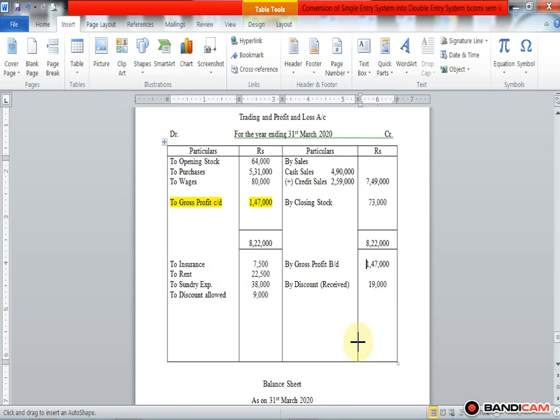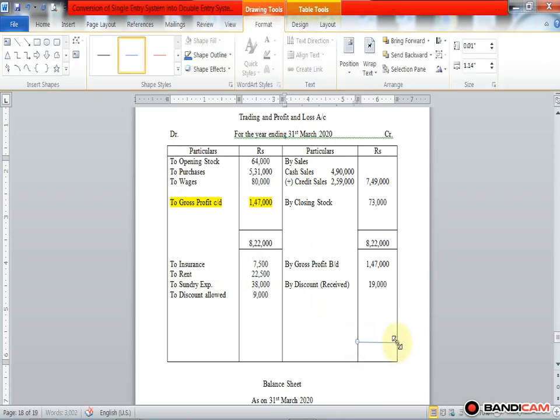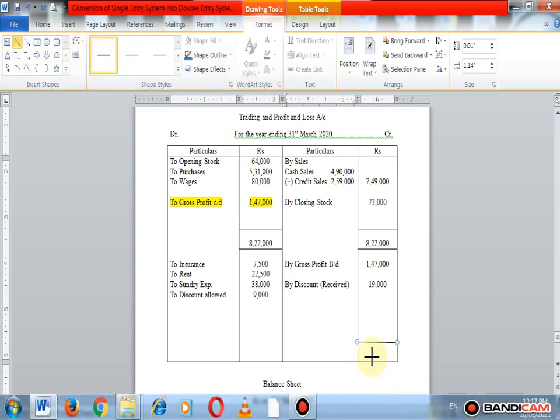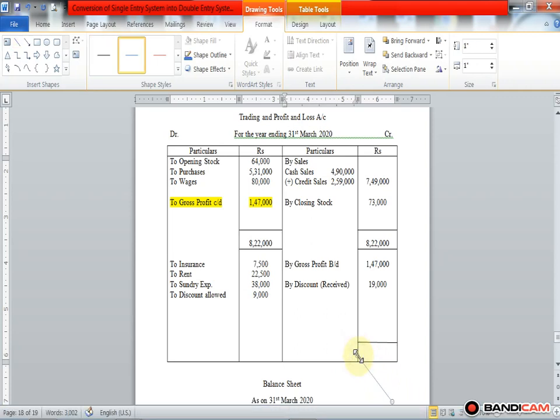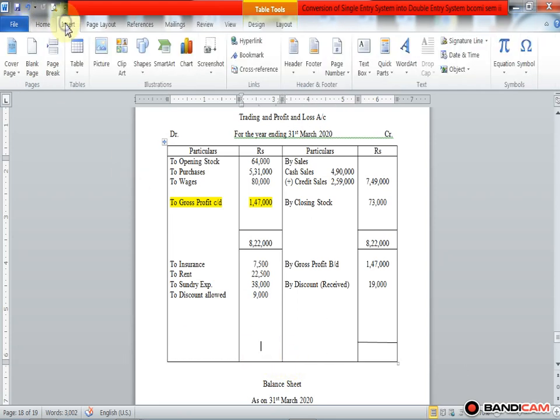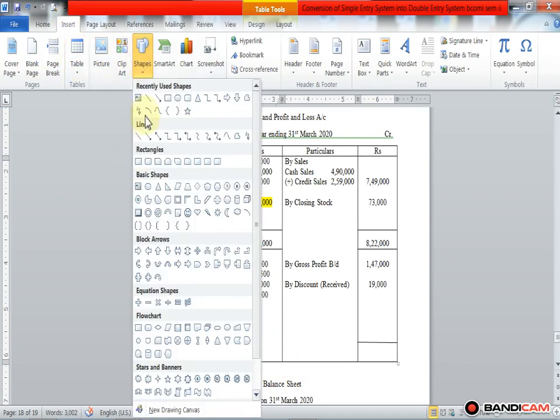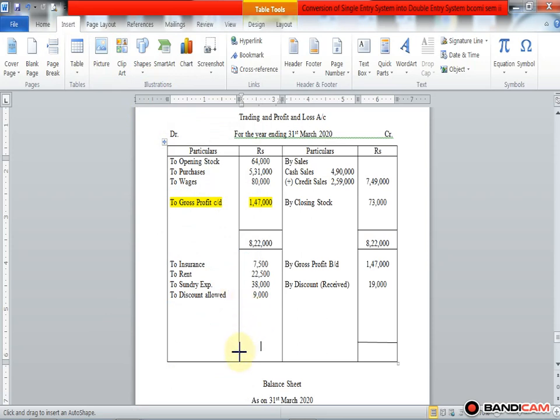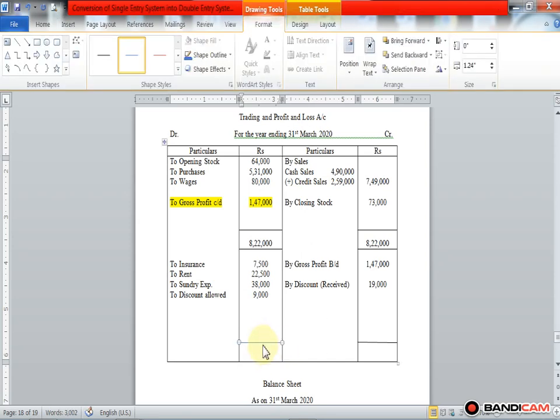The total is 1,66,000. So put this total on the debit side.